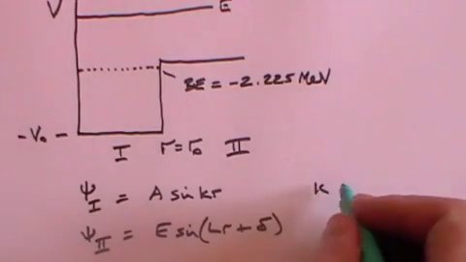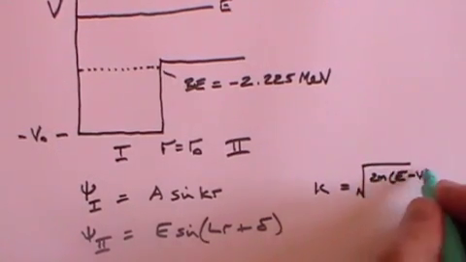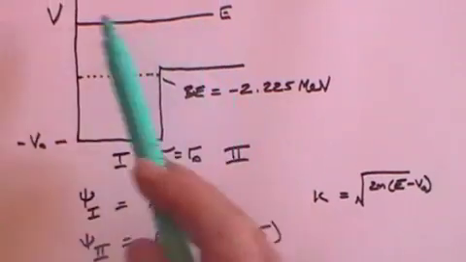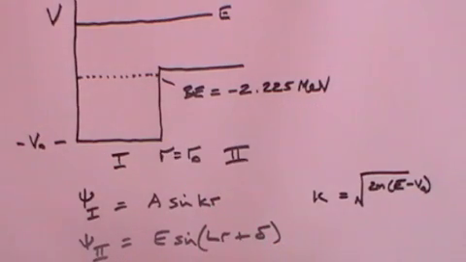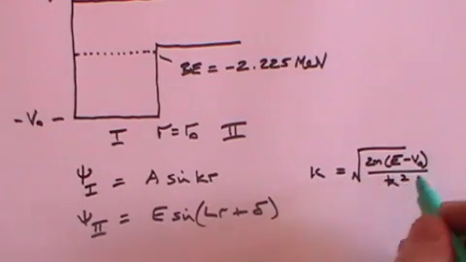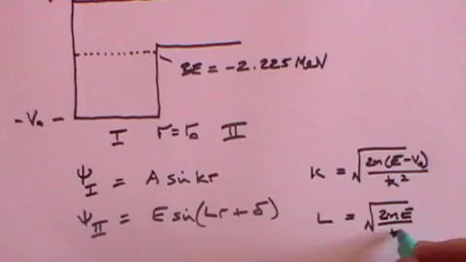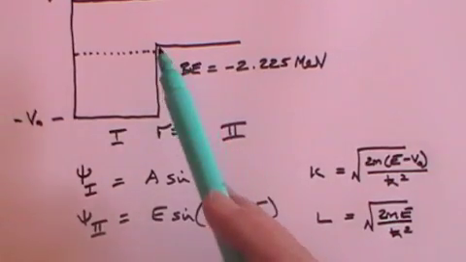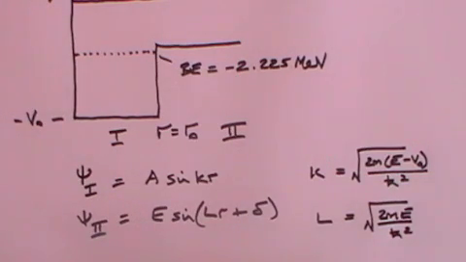Just to remind you that K is, from the Schrödinger equation, the square root of 2m(E minus V0) divided of course by h bar squared, where E is the energy of the incident neutron, V0 is the nuclear potential, and here L is just the square root of 2mE over h bar squared. There's no V term here because in region 2 the potential is 0. That all came out of the last video.